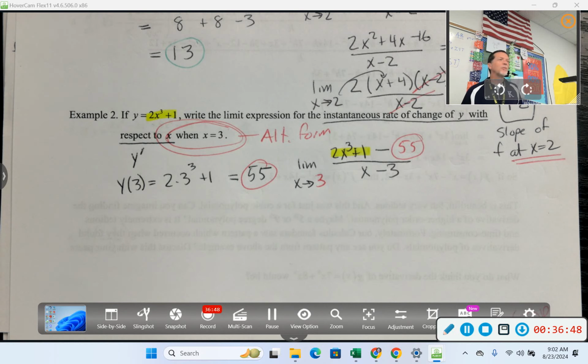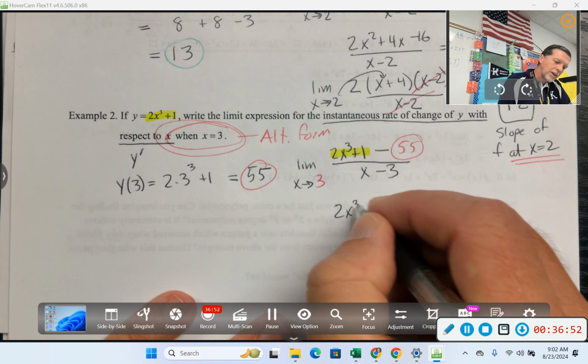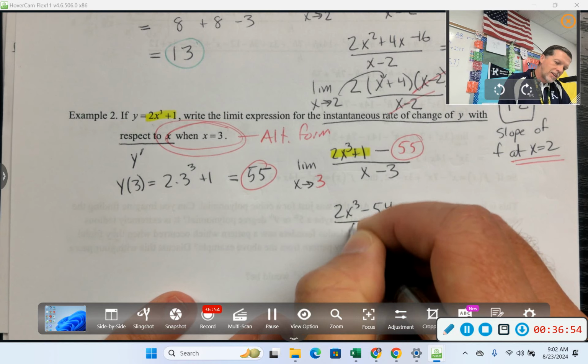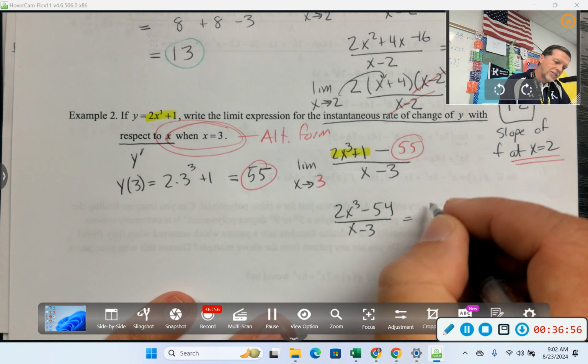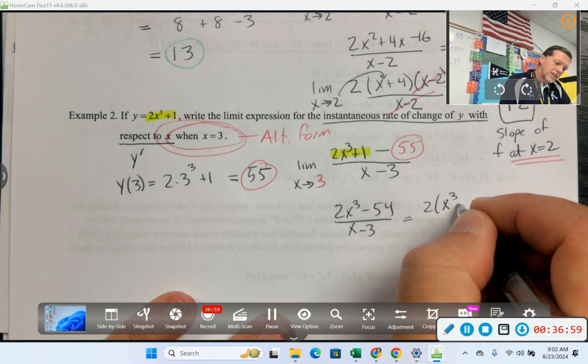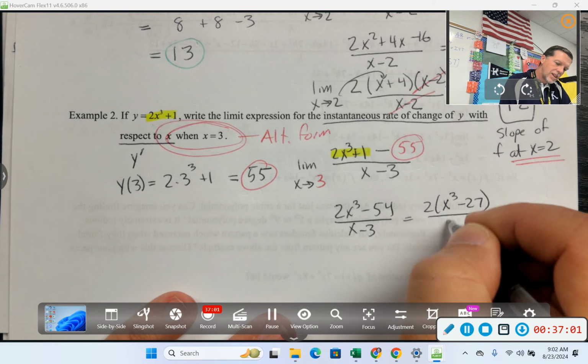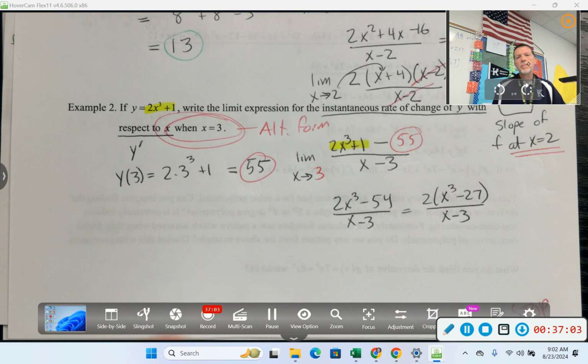All of these problems are rigged to work out. So it looks like, oh no, what are we going to do? And then you start working a little bit. And you're like, wait a minute, I can factor out 2. And then I can factor x cubed minus 27.